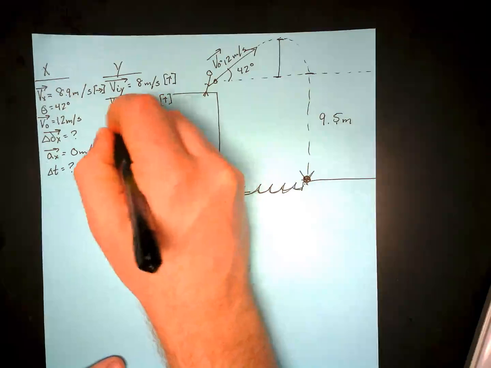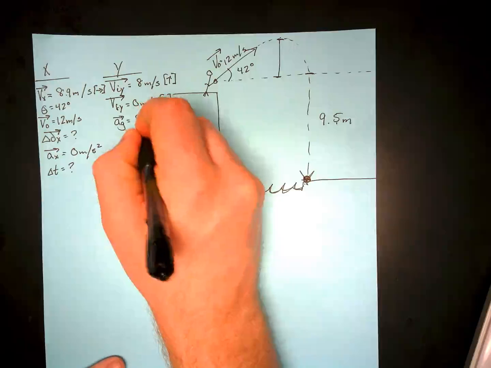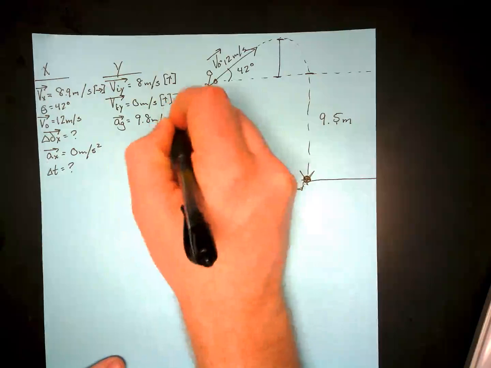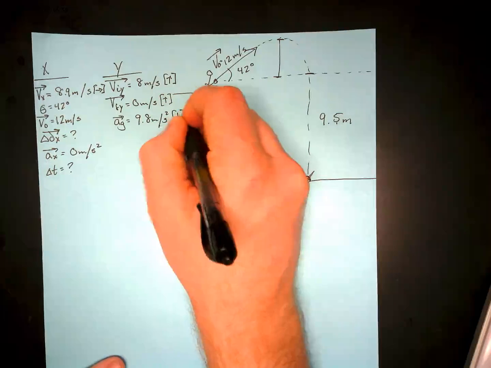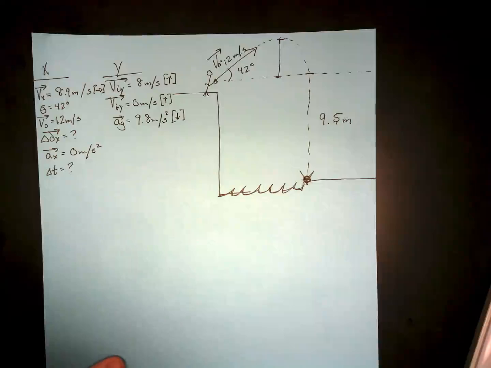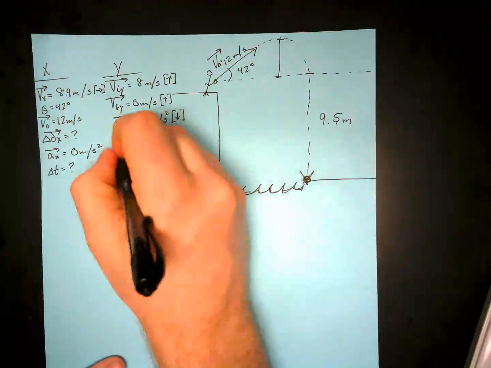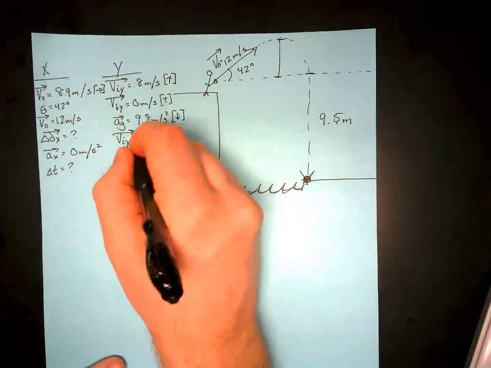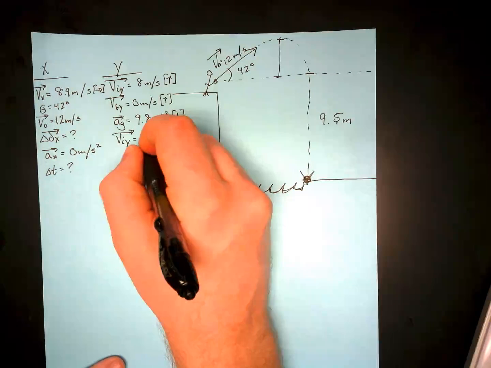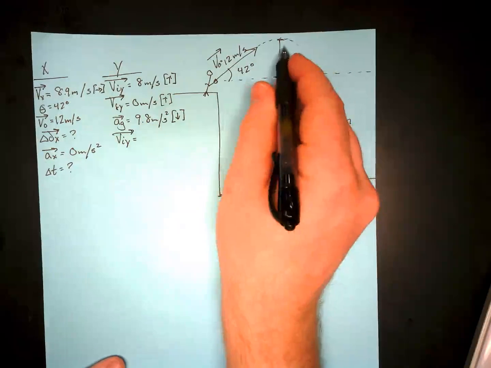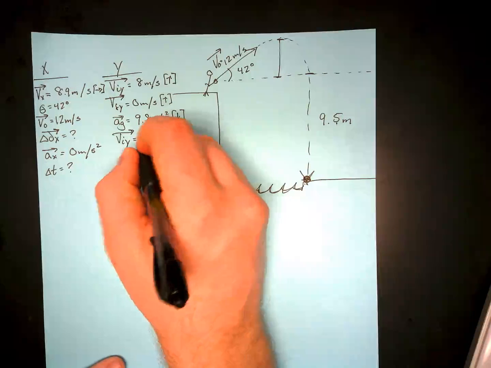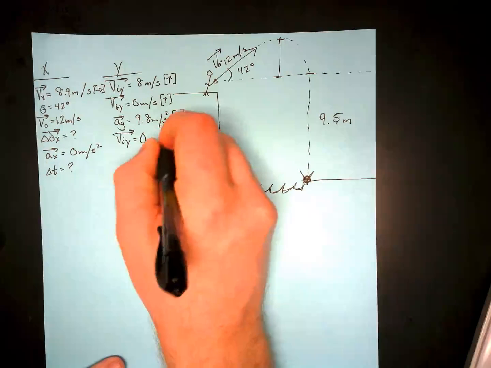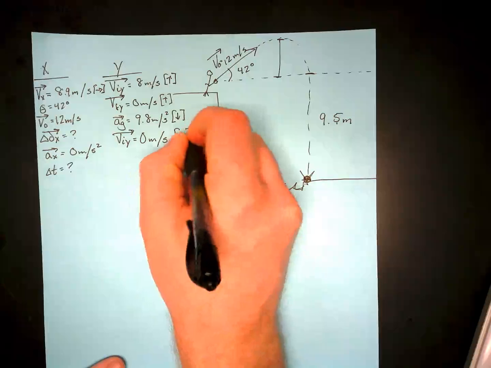We've got gravity. Gravity is going to be 9.8 meters per second squared in the downward direction. We know that the initial y velocity after it has reached the point of its maximum height is going to be 0 meters per second in the downward direction.